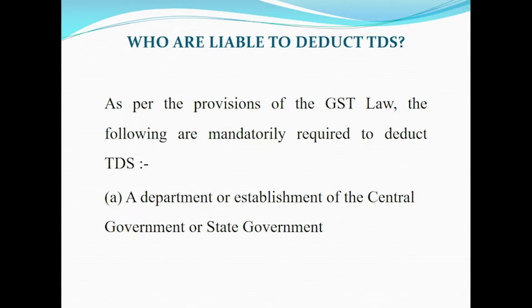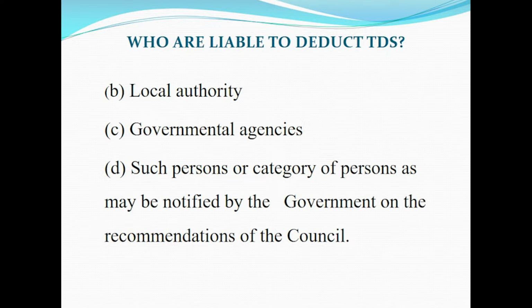Moving on to who is liable to deduct the TDS. As per the provisions of the GST law, the following persons are mandatorily required to deduct the TDS: any department or establishment of the central government or the state government, local authority, government agencies, then any such persons or category of persons notified by the government as per the recommendations made by the GST Council.